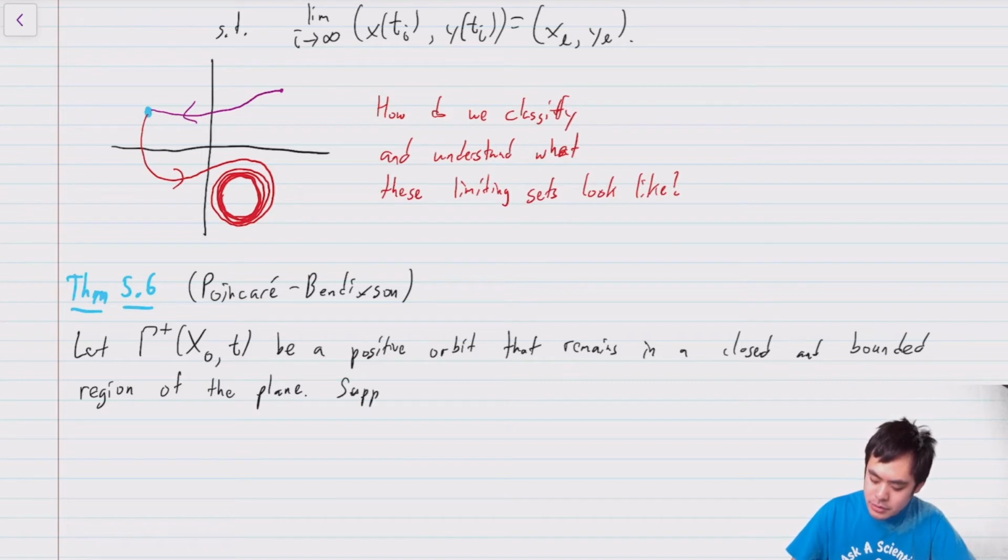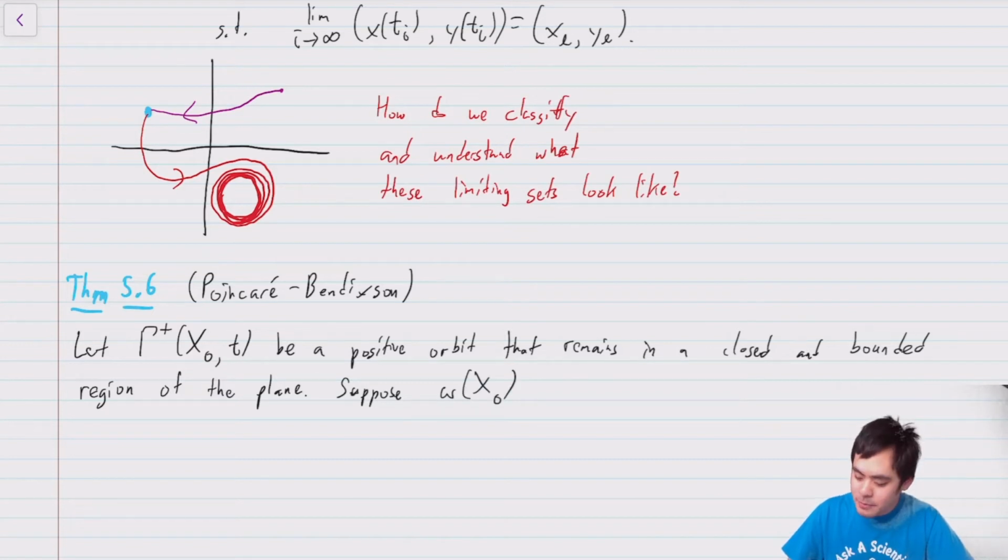And we're going to suppose that the omega limit set, so the limiting set as time goes to positive infinity, does not contain any equilibria.